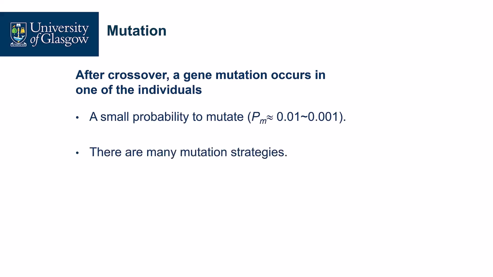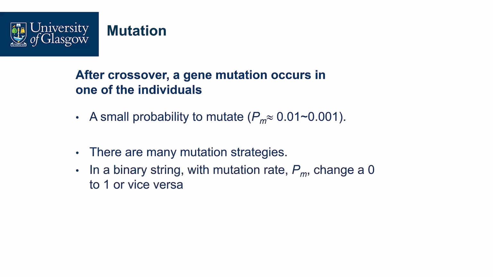There are many ways to do the mutation according to different kinds of problems. If it's a binary string, this is quite simple. We change 0 to 1 or change 1 to 0. And mutation is guaranteed to generate new individuals, right? I do show the implementation of mutation in binary strings because it's very straightforward.